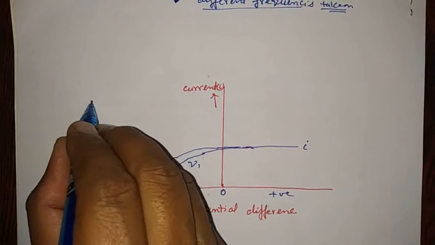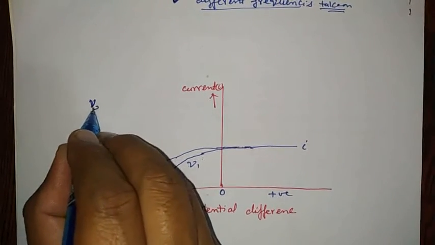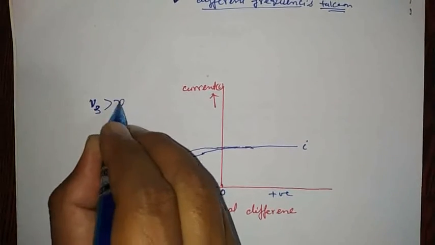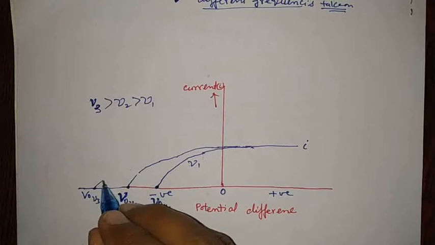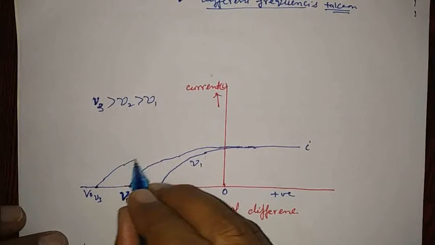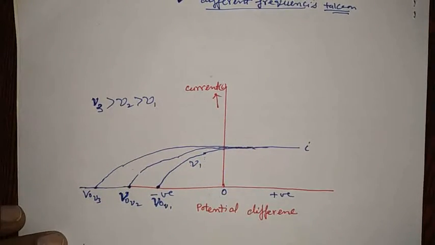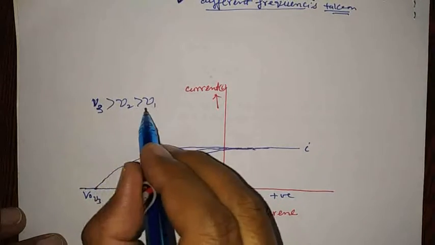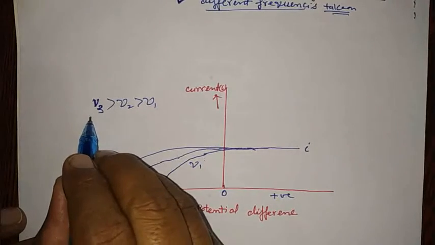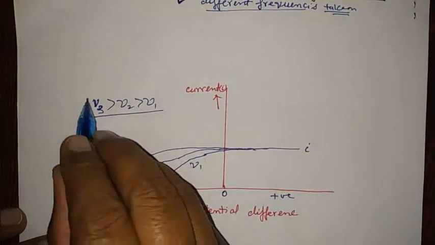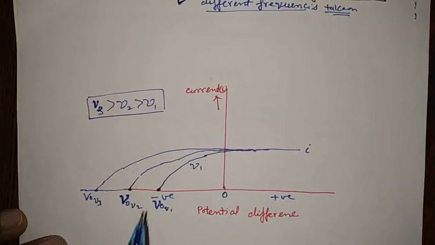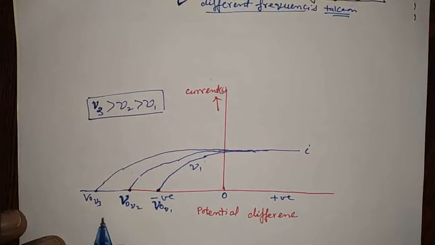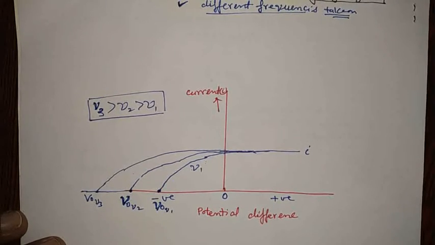See here, nu 3 frequency is greater than nu 2, which is greater than nu 1. So the stopping potential is this. So it is clearly obtained that when the frequency of light incident on plate P1 increases, the stopping potential increases.